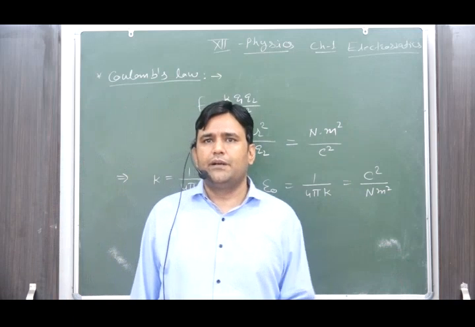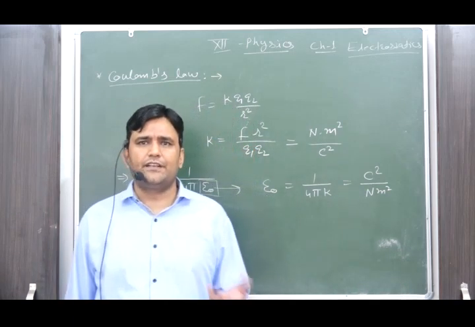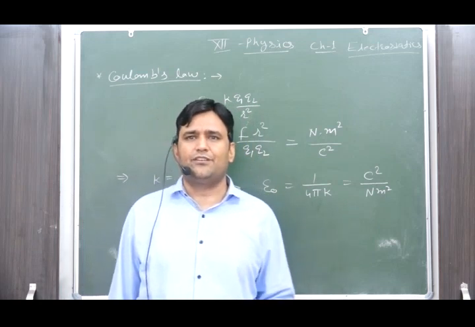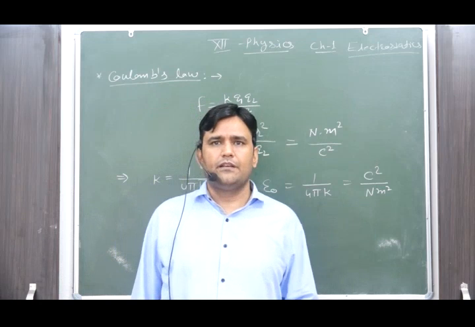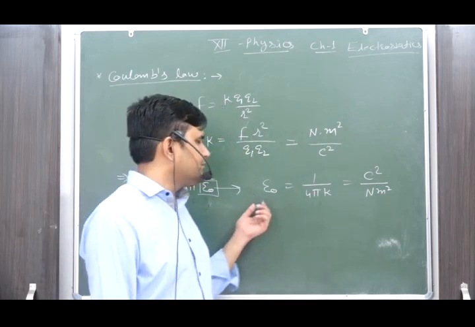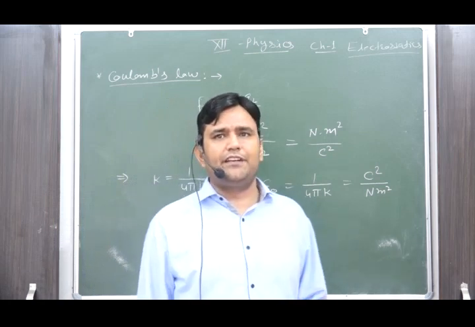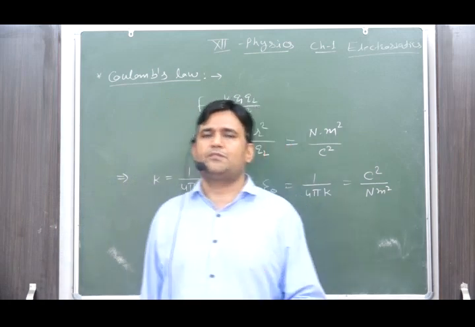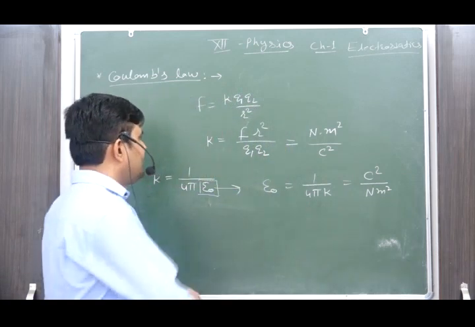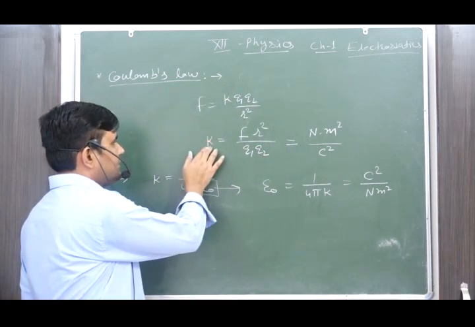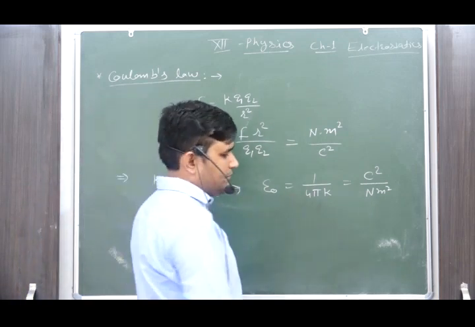But in your examinations, the question may be to explain the dielectric constant, or explain the dielectric, or explain the permittivity of free space, or write down the unit of the permittivity, or write down the unit of the proportionality constant. Clear? Here we are able to get the unit of the proportionality constant and the unit of epsilon naught.